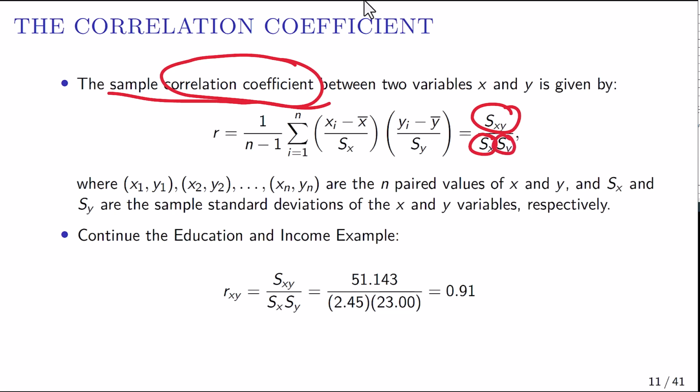So the idea is that we want to scale this covariance by the product of the standard deviations of x and y. Back to the education and income example. This is the sample covariance we got, and then we need to divide it by the standard deviation of x and y. Of course, this is extra work, right?